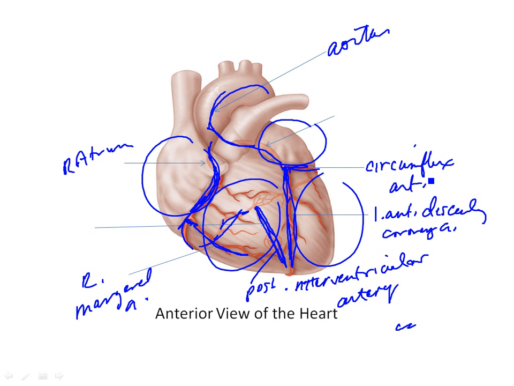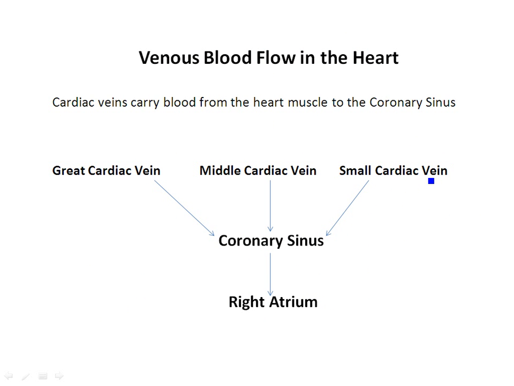And then you pick up the CO2, and you want to bring that back to the lungs and back to the heart. And so now we've got to look at the venous flow of blood in the heart. So if you look at that, one thing you need to remember is all of the veins are going to flow up to this one major vessel called the coronary sinus. And that coronary sinus sits on the posterior side of the heart, and it's a big bulging vessel.